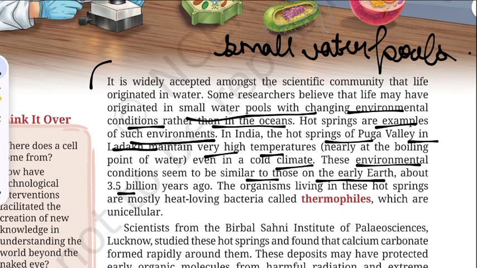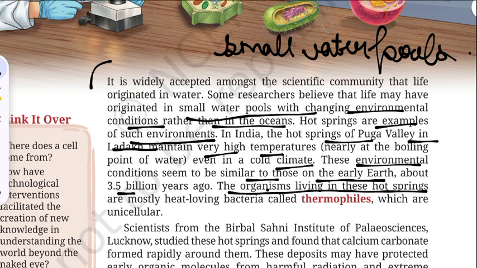Because that time also life originated in water, and the temperature remains the same as it was 3.5 billion years ago. The organisms living in these hot springs are mostly heat-loving bacteria called thermophiles, which are unicellular.